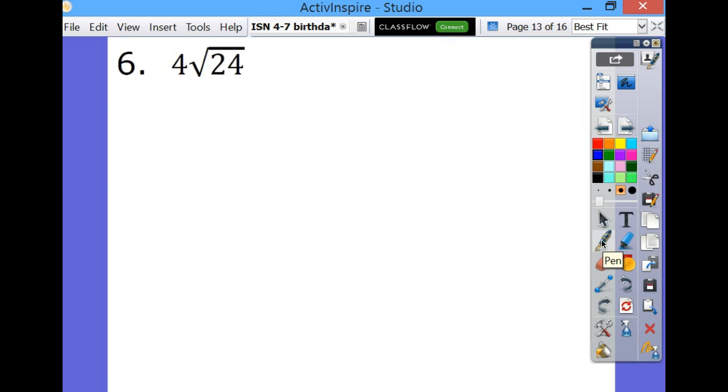Just like the problems we did previously, this is problem 6. If there's a number out in front, we just leave it there out in front. We'll get back to it in a minute. And so we take our number 24 and we write it down here. 2 will go into 24 12 times.